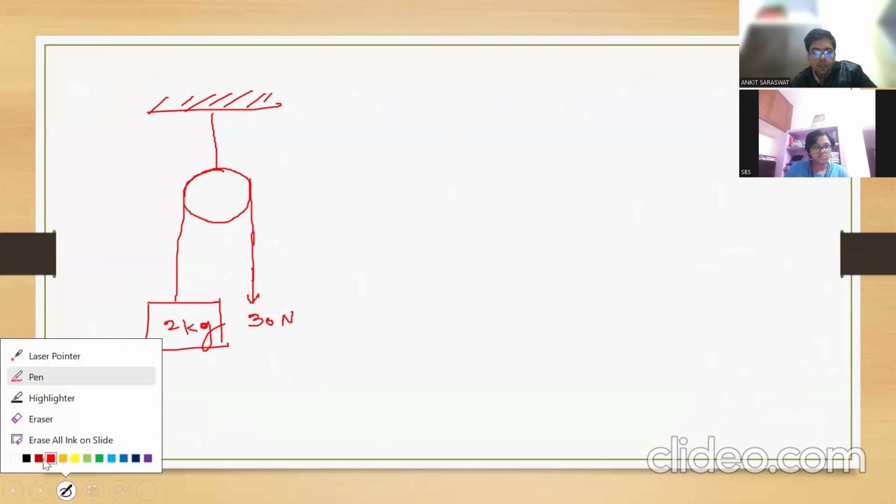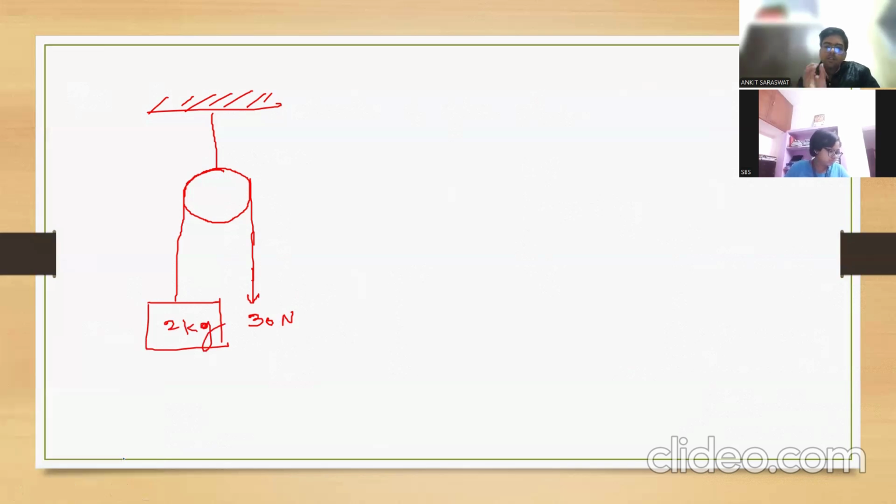Now see, you are applying 30 Newton directly on a string, and it is along the string. Two things I'm saying. Then in this case, the tension in the wire or string will be equal to what? Applied force.